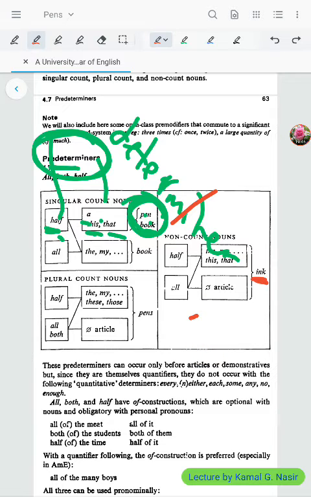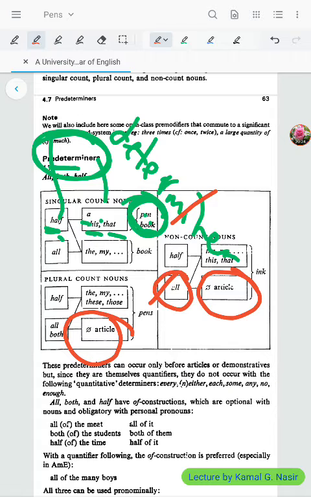What determiners come with the non-countable? We have half and all. Both cannot come with the non-countable noun. So we say half the ink, half my ink, half this ink, half that ink, or all ink. We do not say all the ink, we say all ink. And here we say all pens too. With all and with both we may not use the article the.